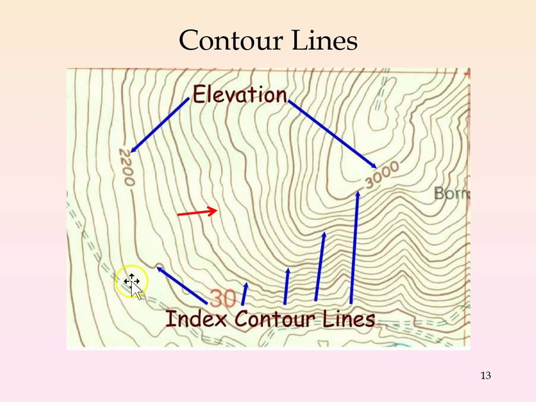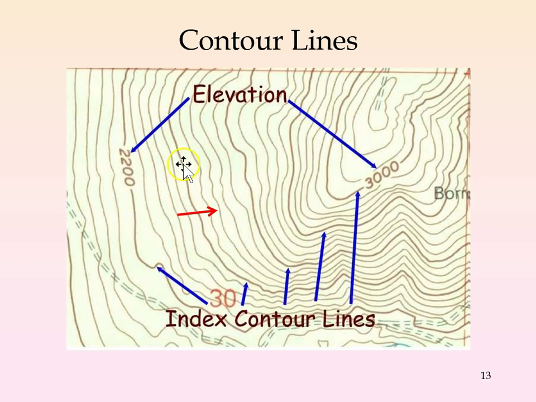The index contour lines are marked on here for you. They're the dark brown ones. In this particular frame we can see that this index contour line is 2,200 feet. Contour intervals are always given in feet.